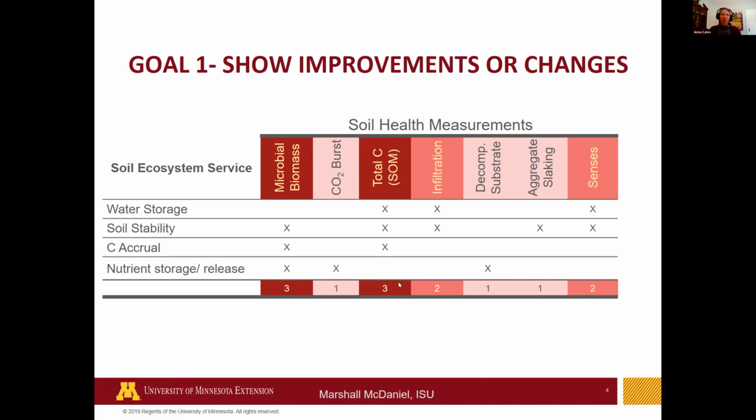I think the reason there's not an X there is because of the focus on nutrient release. So they wanted to look at properties like the carbon dioxide burst test that measure microbial activity to show how fast nutrients are released. Then infiltration is related to water functions, decomposition of substrate to nutrient release, aggregate slaking to soil structure, and then your senses.